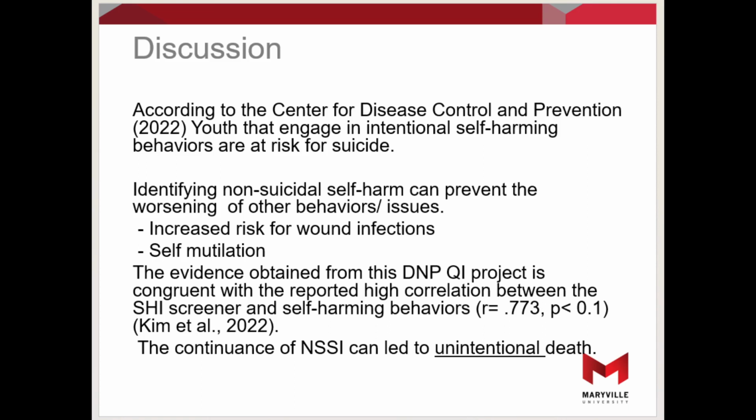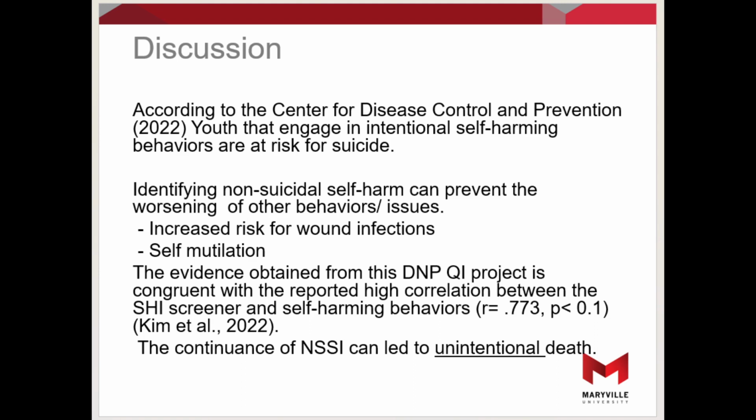Apart from worst case scenarios, identifying non-suicidal self-harm can also prevent the risk of wound infections from self-inflicted cuts, as well as prevent self-mutilation. The evidence obtained from this DNP quality improvement project is congruent with the reported high correlation between self-harming injury screeners and self-harming behaviors.